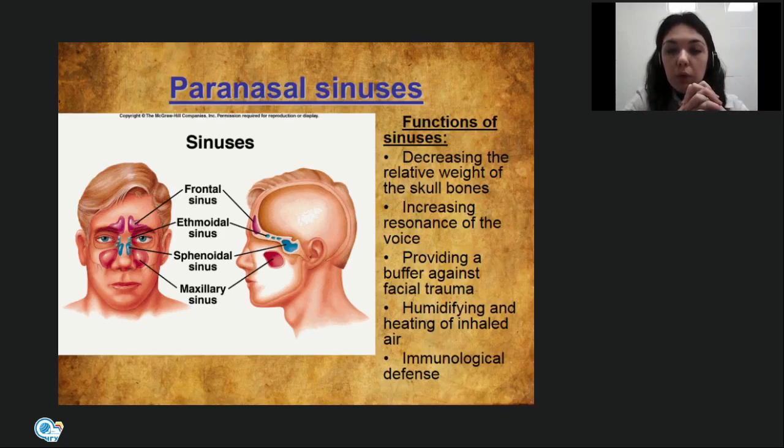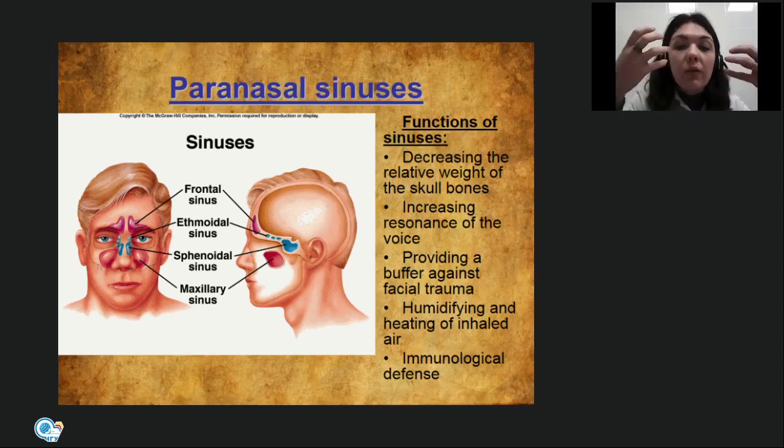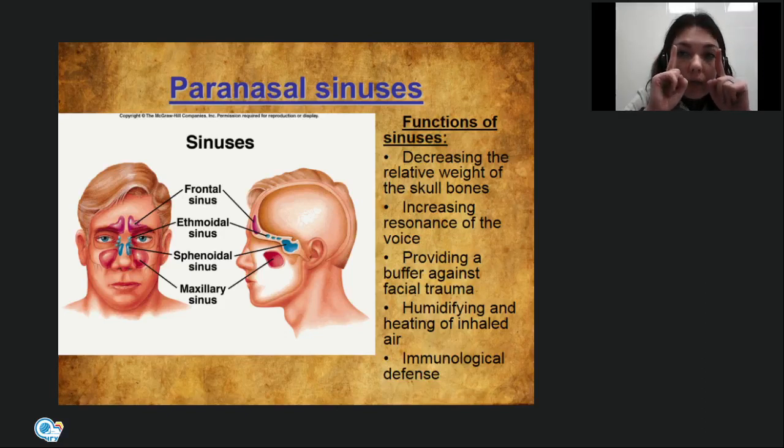About the resonance function of the sinuses: because sinuses in normal cases are filled with air, a sound wave, a sound is a wave, also enters the sinuses, gets reflected from the walls of the sinuses, and increases resonance of the voice.